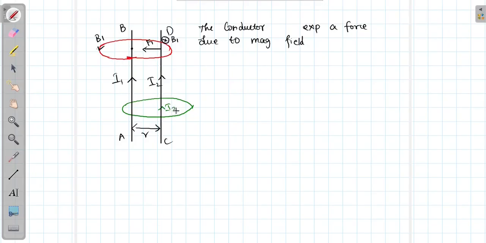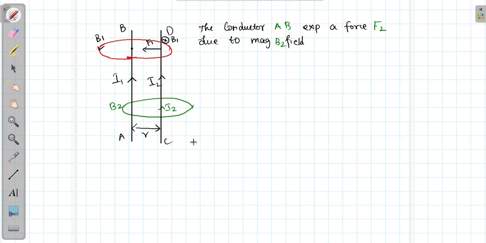Because of the current I2, there is a magnetic field surrounding CD. It extends up to AB. Now AB experiences a magnetic field B2. The conductor AB experiences a force F2 due to the magnetic field B2.